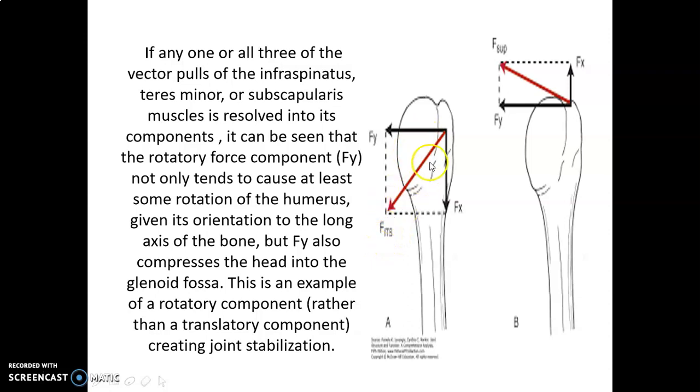Here it is written as the resultant rotational force vector of ITS, meaning infraspinatus, teres minor, and subscapularis. So we have to understand the first vector we are describing. The directions of the resultant pull of the rotator cuff muscles are not similar.